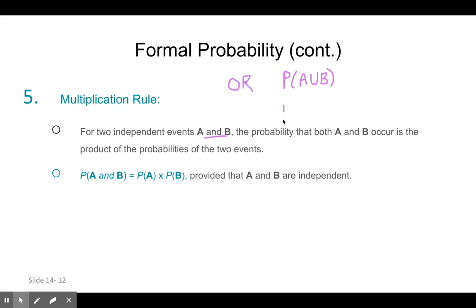So when you do and, now you're using the intersection symbol, the upside down U, where things are happening at the same time, right? So when are A and B happening together? A and B. So we're going to multiply those probabilities, okay?